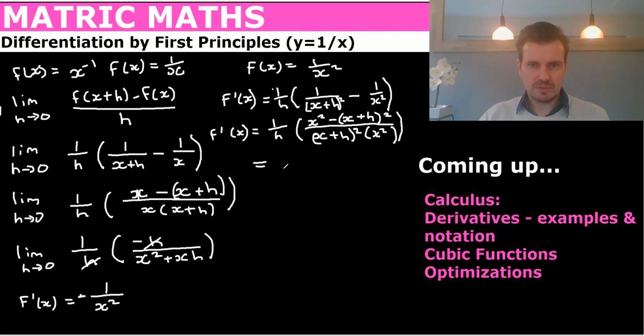So we can times the top out, leave the bottom as is. So it's going to be 1 over h, x squared minus x squared minus 2xh minus h squared all over the common denominator x plus h squared times x squared.